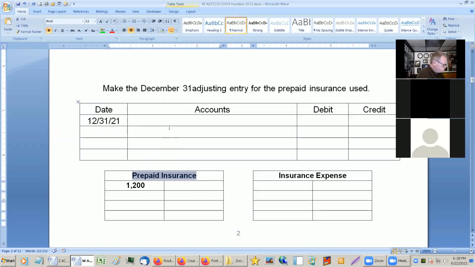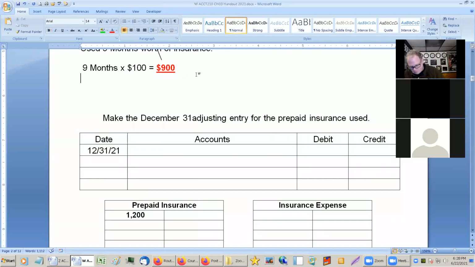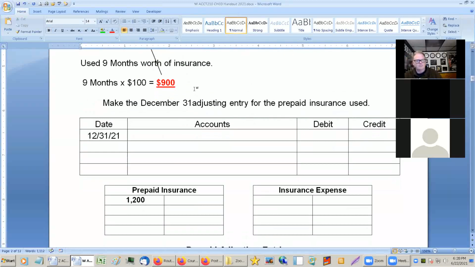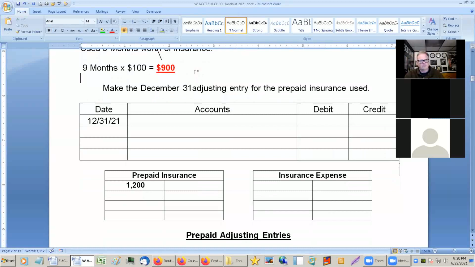Just for the prepaid. Used up, expired, however you want to say it.